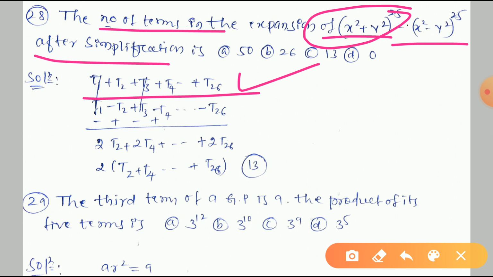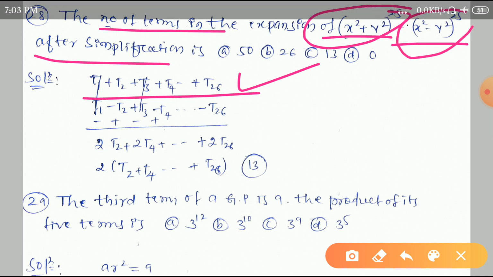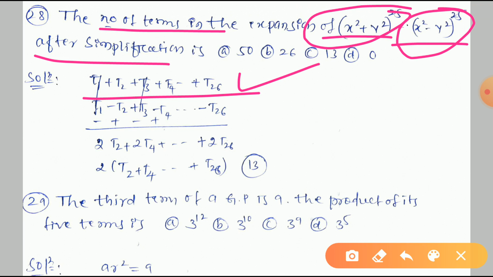Similarly, the expansion of minus x square minus y square raised to 25 is t1 minus t2 plus t3 minus t4 and so on, minus t26.